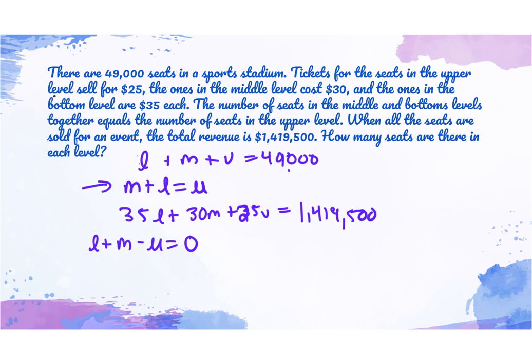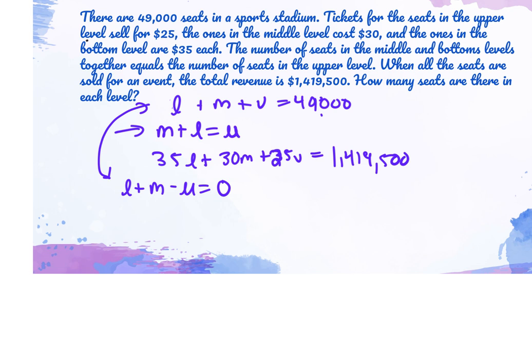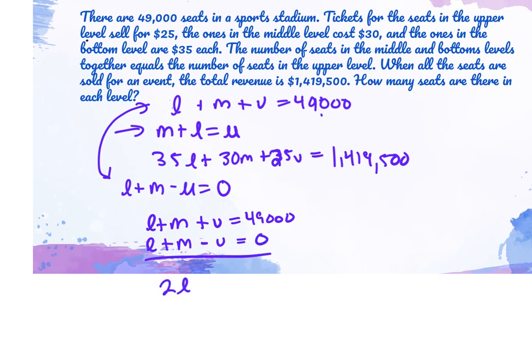Now if I start combining what I can, looking at these two: lower plus middle plus upper equals 49,000, and lower plus middle minus upper equals 0. So I can only conclude that twice the lower plus twice the middle equals 49,000.